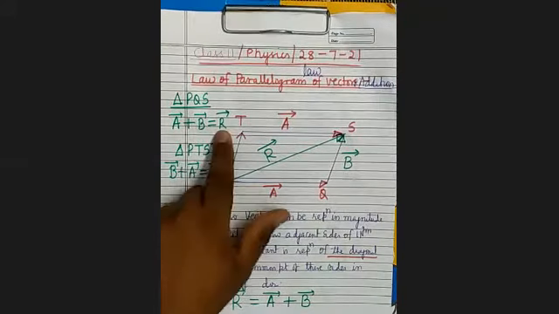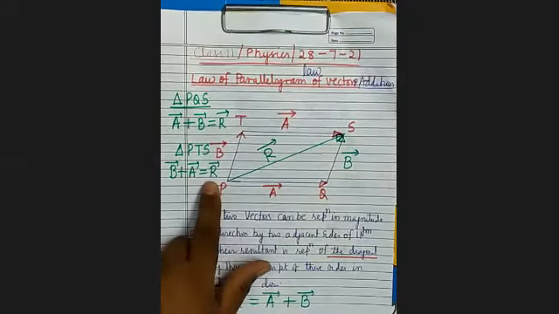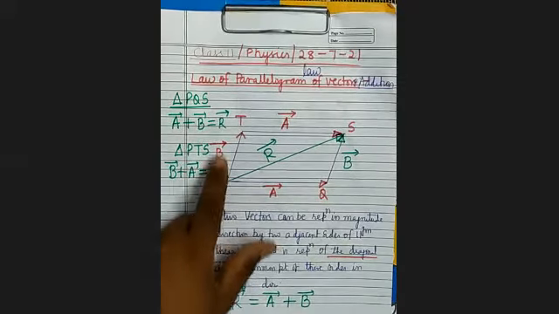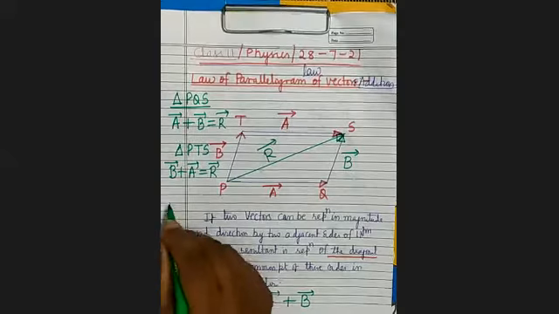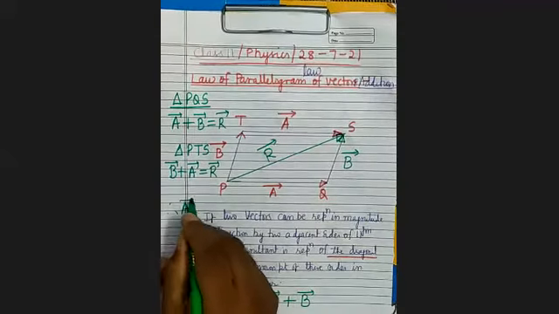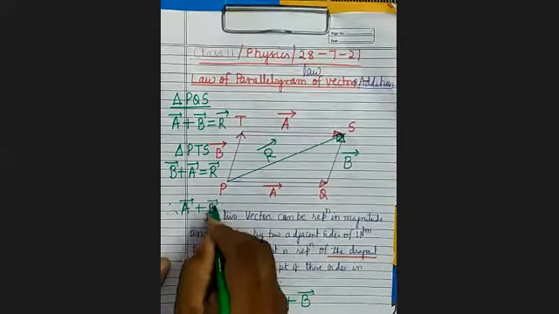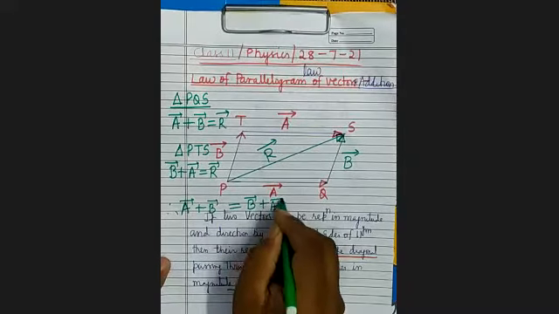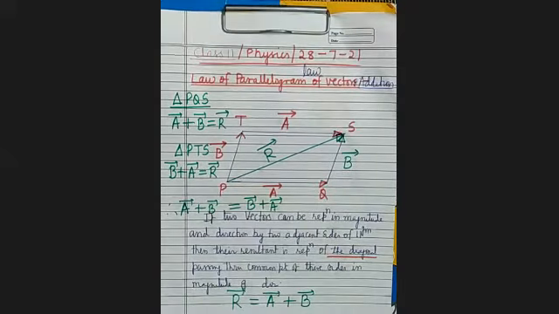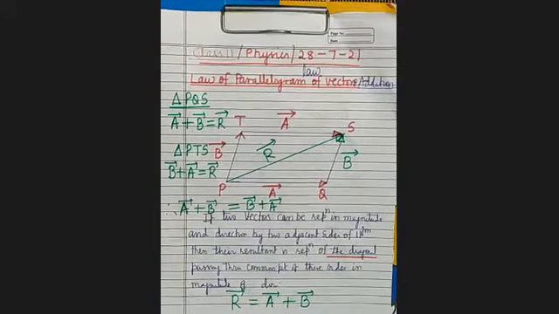From one, you are getting this, from the other, you are getting this. If you see, their RHS are the same. Therefore, vector A plus vector B equals vector B plus vector A. It means vector addition is commutative. There is no matter of order.